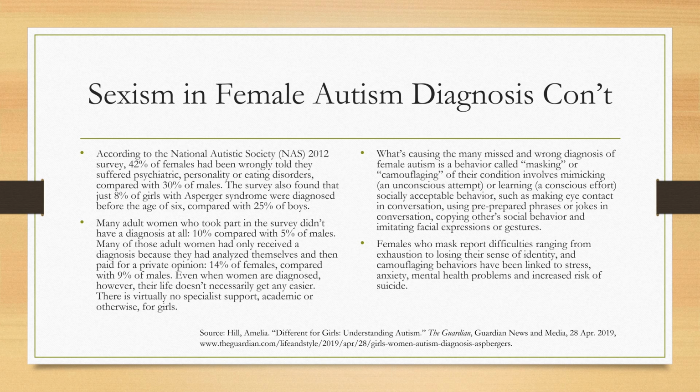It involves mimicking, an unconscious attempt or a conscious effort, of socially acceptable behavior such as making eye contact in conversation, using pre-prepared phrases or jokes in conversation, copying other social behavior, and imitating facial expressions or gestures. Females who mask report difficulties ranging from exhaustion to losing their sense of identity, and camouflaging behaviors have been linked to stress, anxiety, mental health problems, and increased risk of suicide.